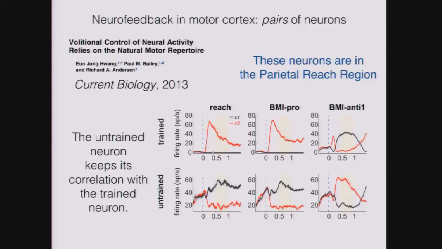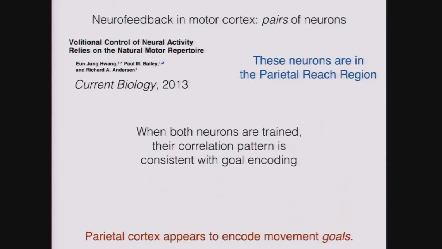What was very interesting is that an untrained neuron, that's the red one here, maintained correlation with the trained neuron, up or down, down or up, as the animal was doing this task. So Richard interpreted that, and Yunjung interpreted that, as parietal cortex caring about movement goals, and using the natural repertoire to achieve a new movement.